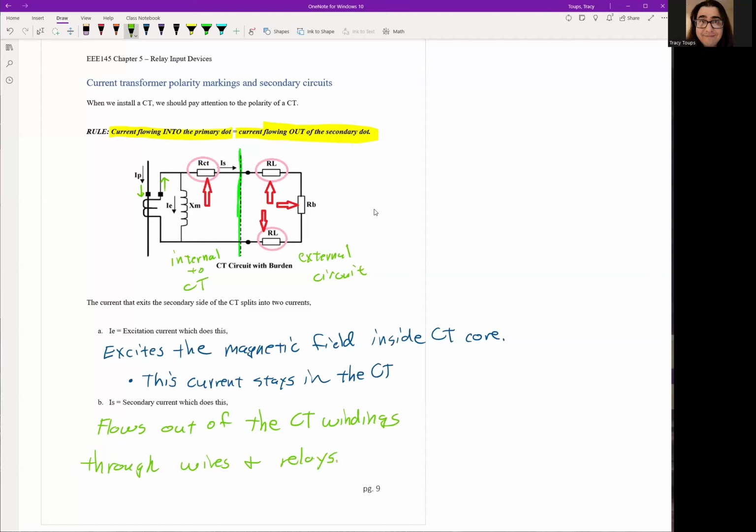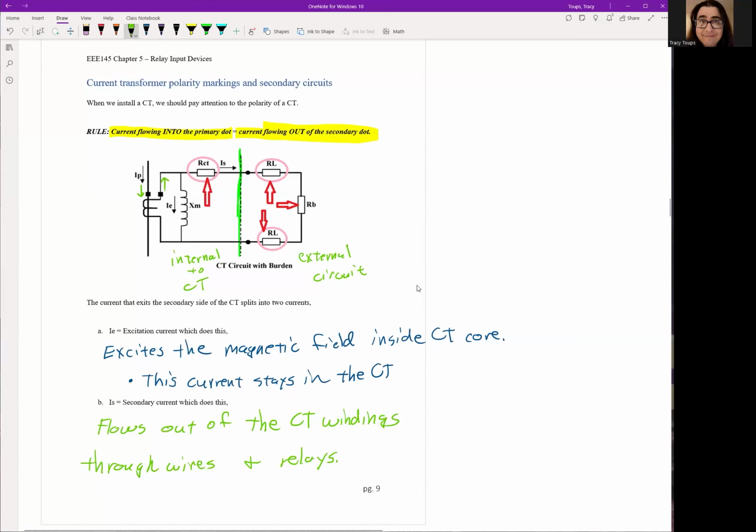Now these wires can be pretty long, because if you ever go to a substation, the control building could be 200 feet away from the actual breaker itself. So you need to account for 200 feet of wire one way and another 200 feet of wire going back the other way.